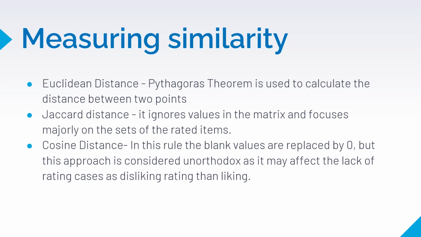In Jaccard distance, we ignore the values in the matrix and focus mainly on the set of rated items. In cosine distance, we replace the unknown or blank values with zero. But one disadvantage with cosine distance is that if a value or rating is not present, this approach considers it as a negative review rather than a positive one.